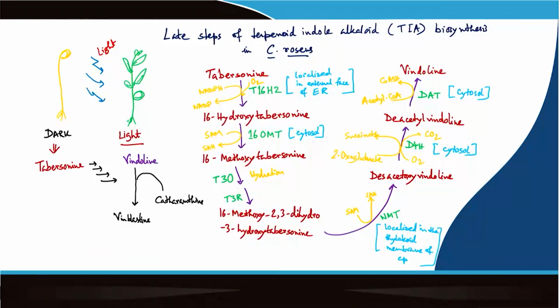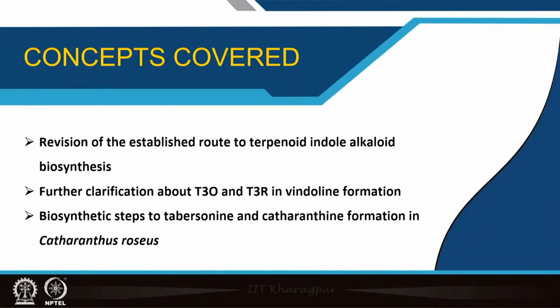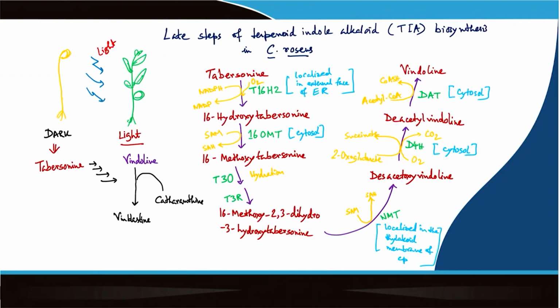Now, I go to the missing step aspects, that is, biosynthetic steps to tabersonine and catharanthine formation in Catharanthus roseus.